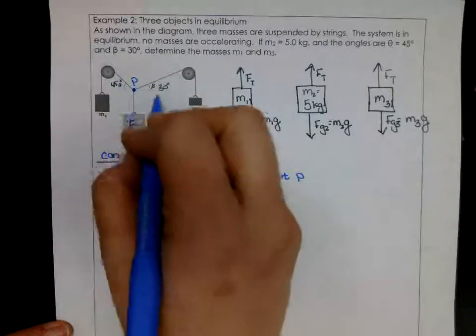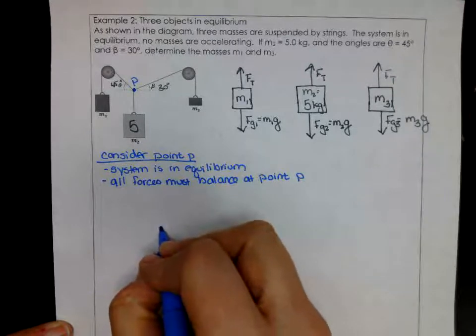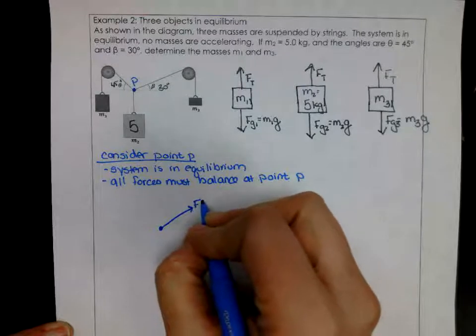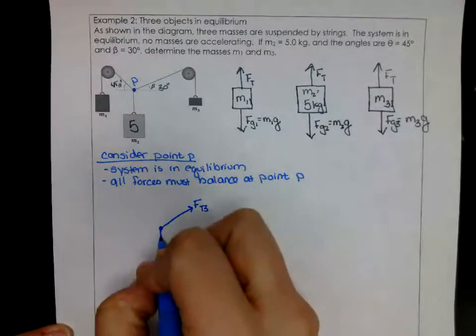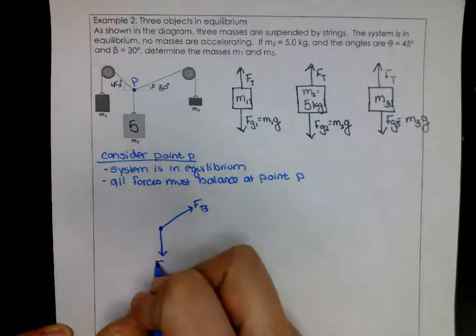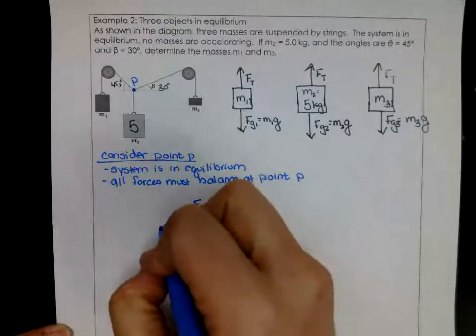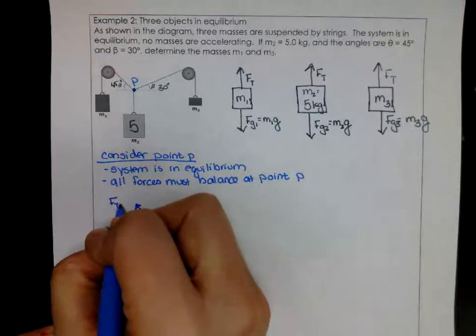So let's draw a diagram of just point P down here. So we've got point P in the middle. We've got the force of tension 3 here. We've got the force of tension 2 going down. And we've got the force of tension 1 over here.